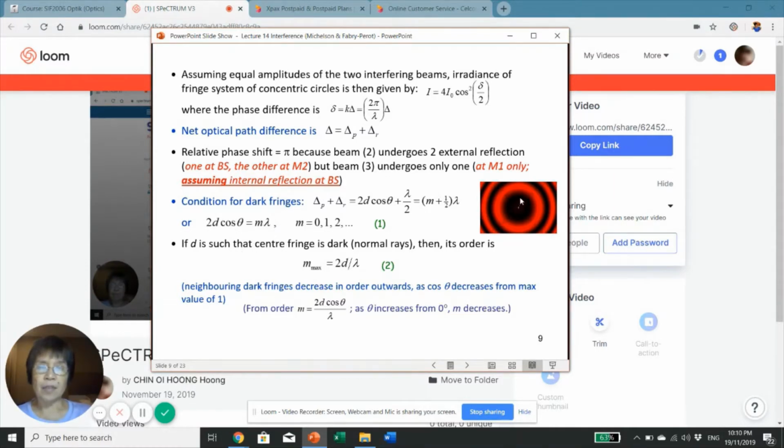Now, if the fringe is such that the center is a dark fringe, which means that at the center, theta is 0 and cosine theta is 1, so we will have m equals 2d over lambda. Now that would give you the maximum m number.